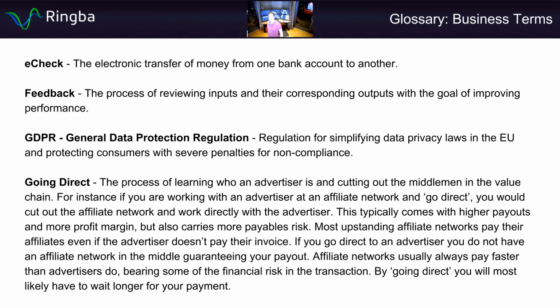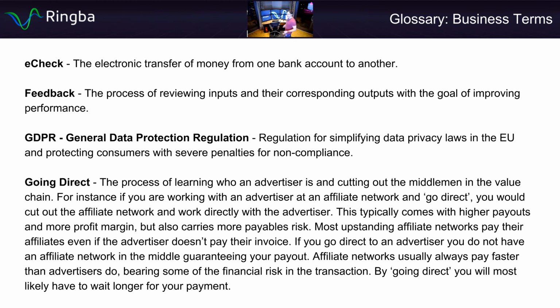Going direct. The process of learning who an advertiser is and cutting out the middleman or broker in the value chain. For instance, if you're working with an advertiser at an affiliate network and you go direct, you would cut out the affiliate network and then work directly with the advertiser. Now, you should be aware that this typically comes with higher payouts and more profit margin, but also carries significant more payables risk.